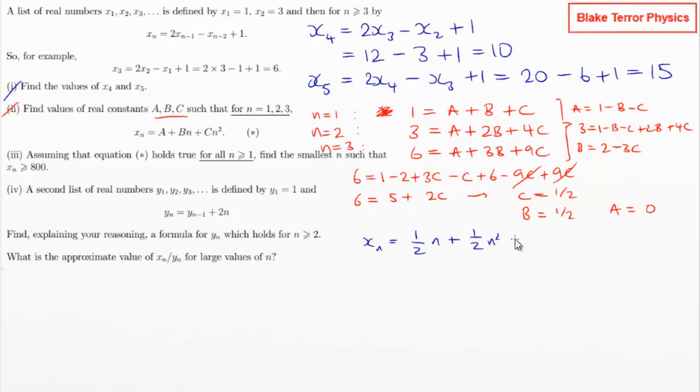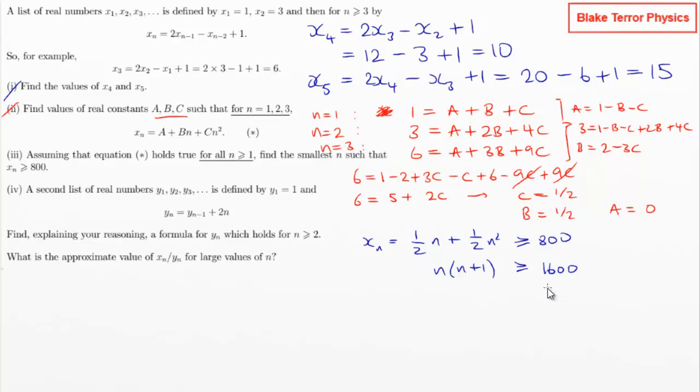So let's factorize these things. So n times n plus 1, and then we can multiply by the 2, so greater than or equal to 1600.